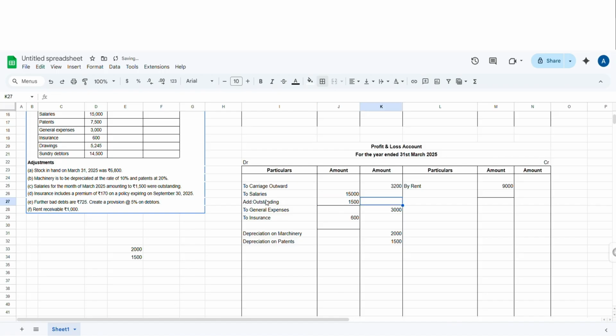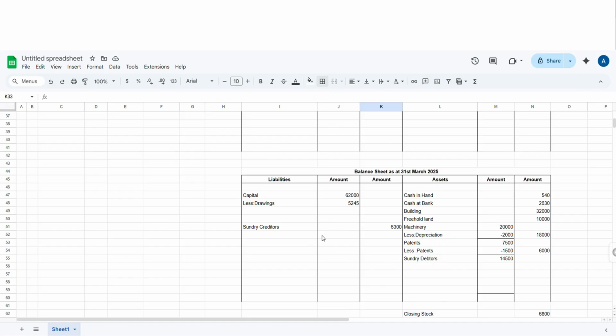So it is 16,500 outstanding and salaries together, and the other entry is recorded in the balance sheet, on the liability side. So outstanding salaries, that is 1,500.